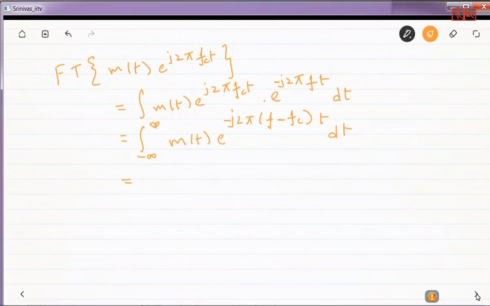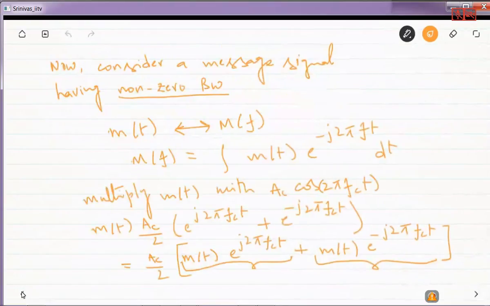We know that, just go back and see, this equation, m of t into e power minus j 2 pi ft dt, is M of f. The Fourier transform M of f is equivalent to m of t multiplied by e power minus j 2 pi ft dt.